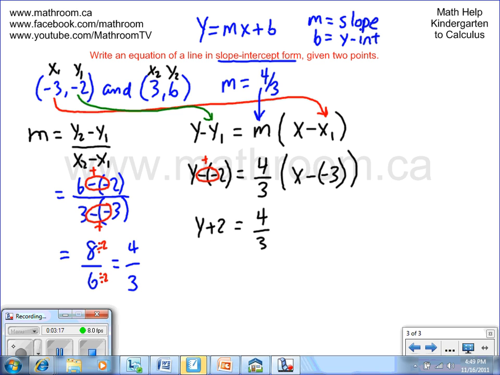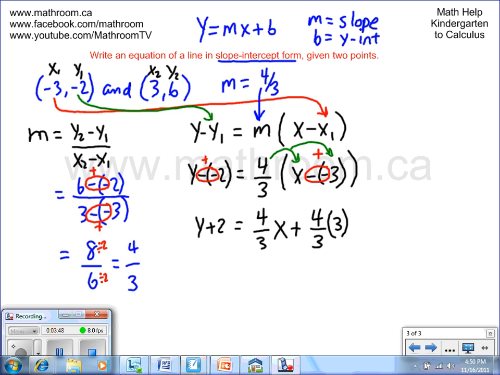We're going to distribute the 4/3. Before we do that, we're going to simplify this. x minus a -3 is the same as x plus 3. So now we're going to multiply the 4/3 with x and with plus 3. So 4/3 times x is 4/3 x. 4/3 times 3, so we're going to add 4/3 times 3.